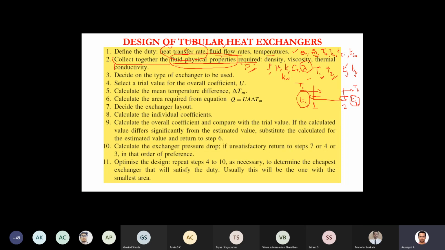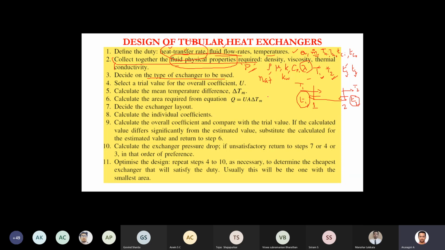Based on the heat transfer rate Q, approximately you can identify the type of exchanger to be used, whether we need a double pipe exchanger, shell and tube heat exchanger, or plate heat exchanger. Here you also have to collect the nature of the fluids, whether it is corrosive.